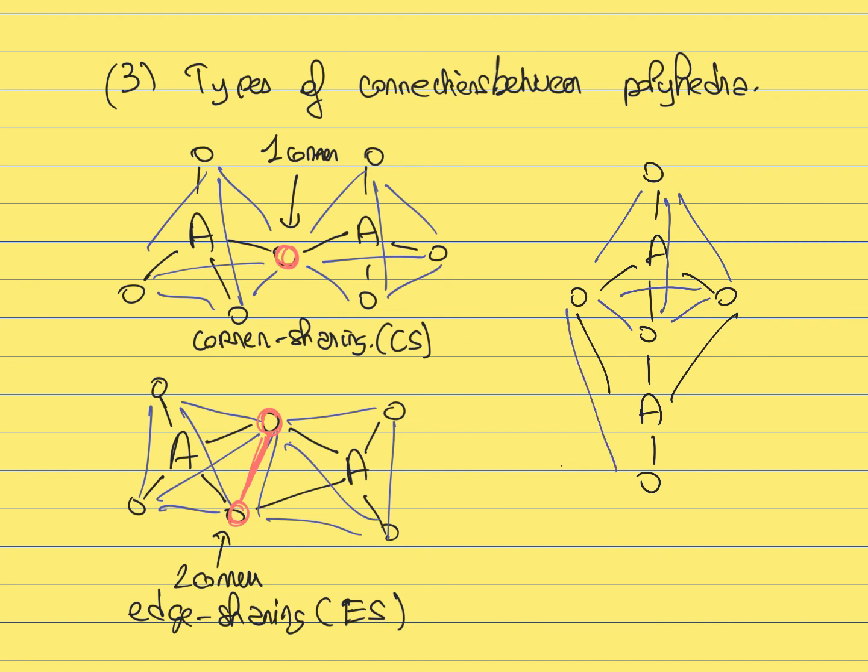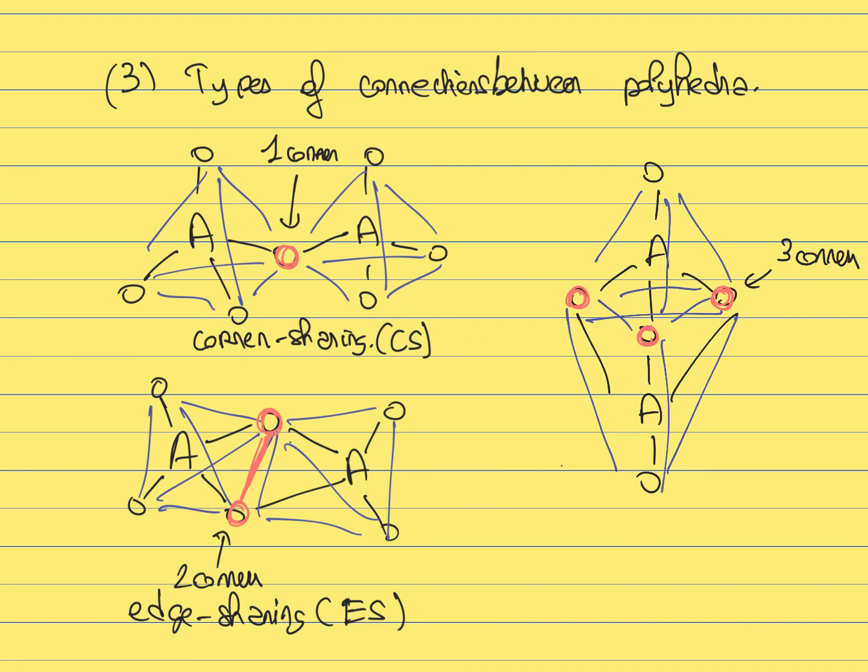So in that case, you would have another tetrahedral structure like this. And so between those two tetrahedra, they would share three oxygens in common. So they would share three corners in common.